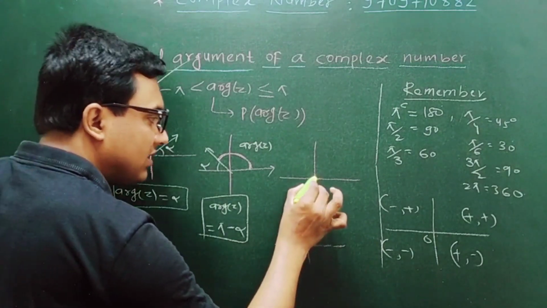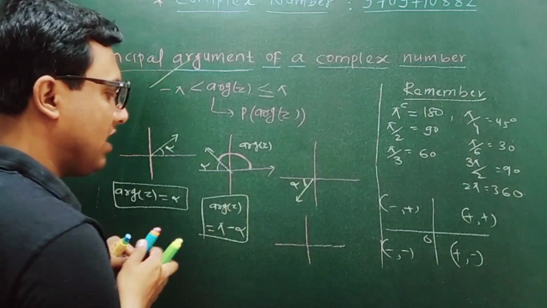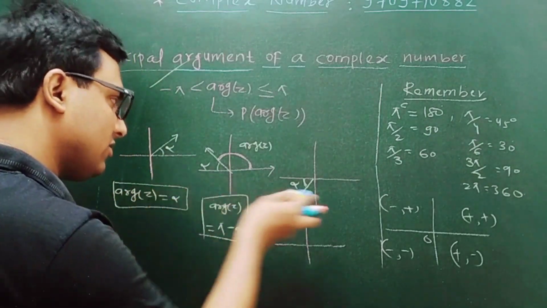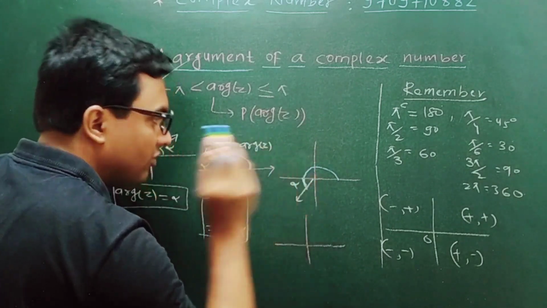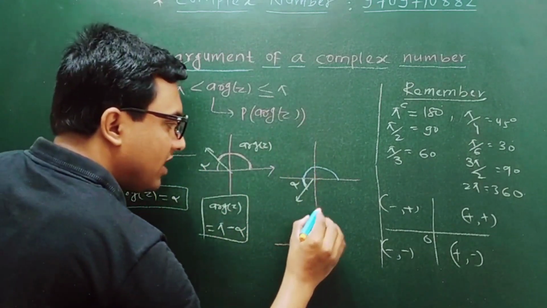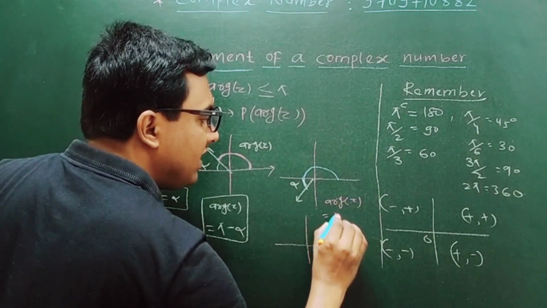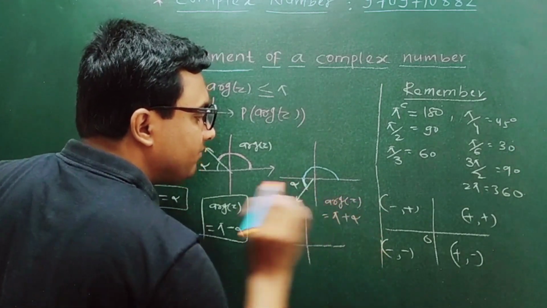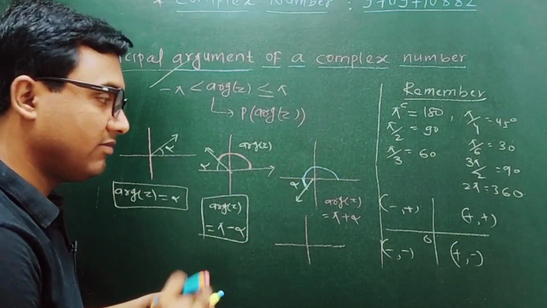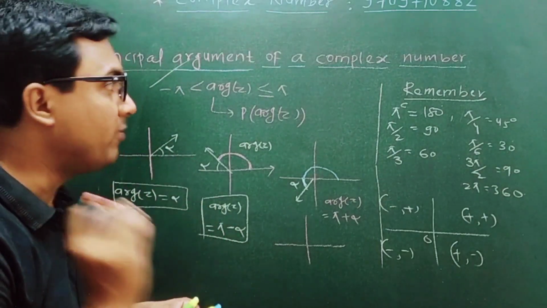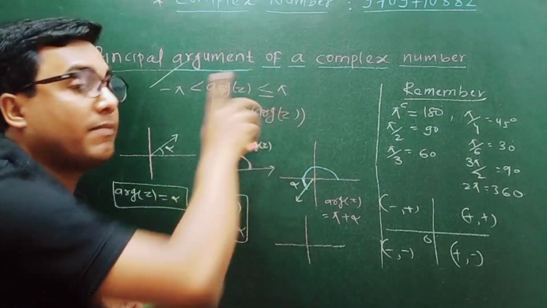In the third quadrant, alpha is here, but the argument would be this part and alpha also, so pi plus alpha. But in the case of principal argument, we cannot take a value of argument greater than pi.